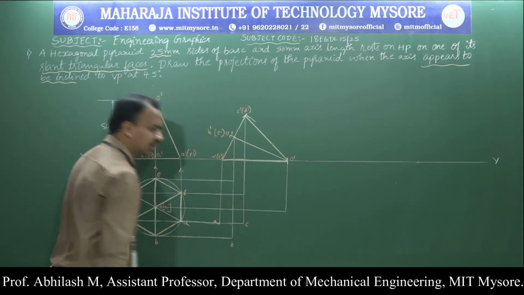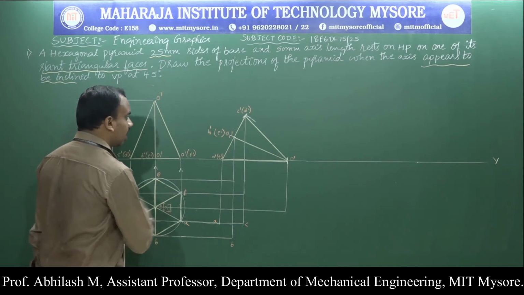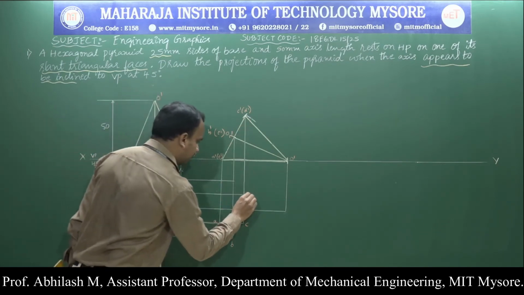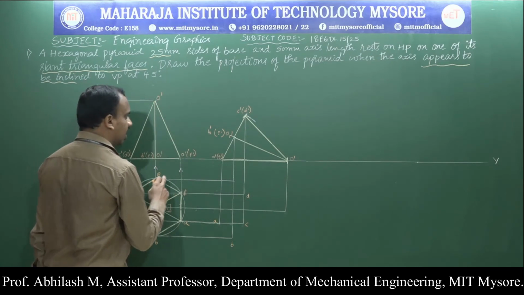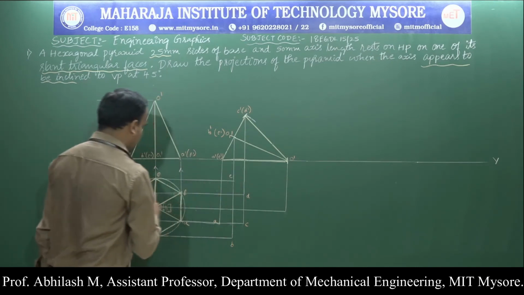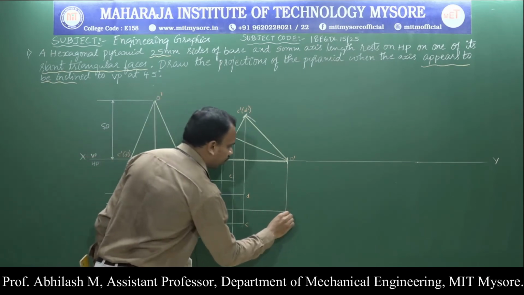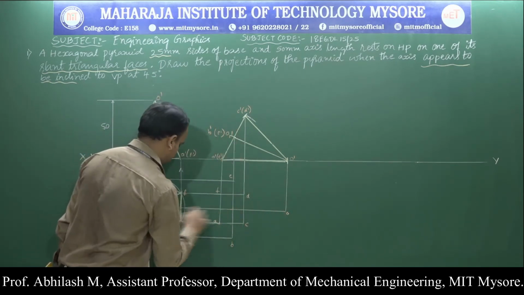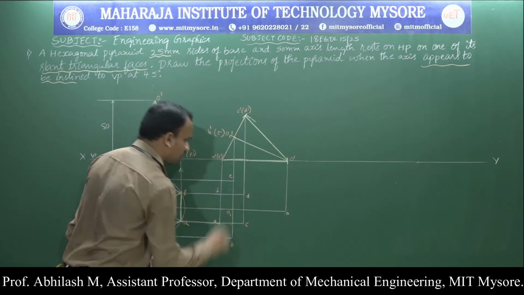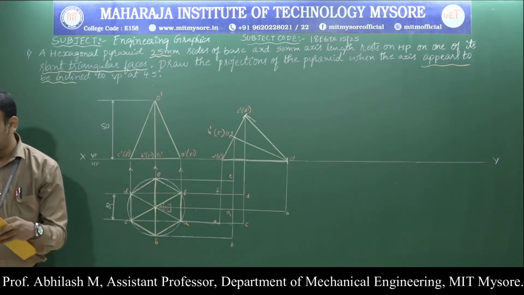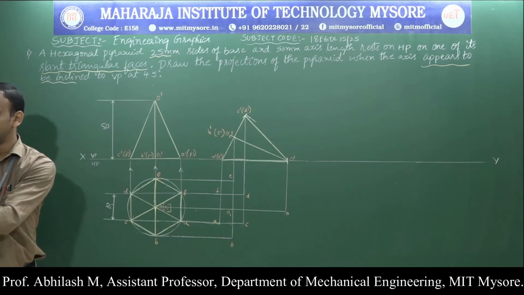So this point becomes C. From D, corresponding D', and from E, corresponding E' and F. Similarly, I have O and O1.